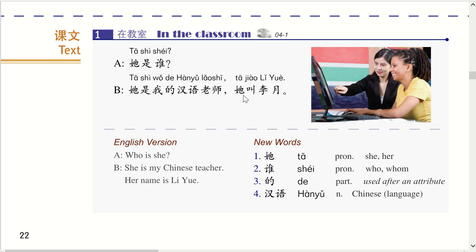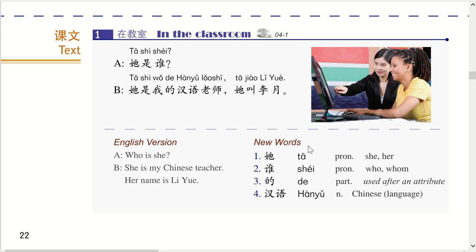大家好, her name is Li Ye. Her name is Li Ye. Here we learn 她是谁? 她是我的汉语老师. My teacher, 我的老师. 我的 means my.